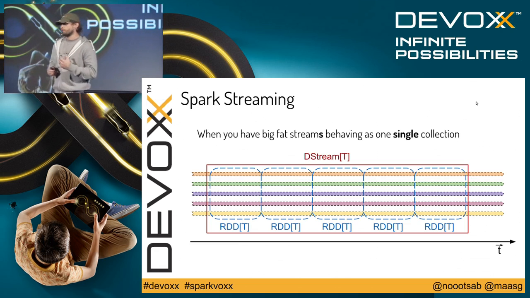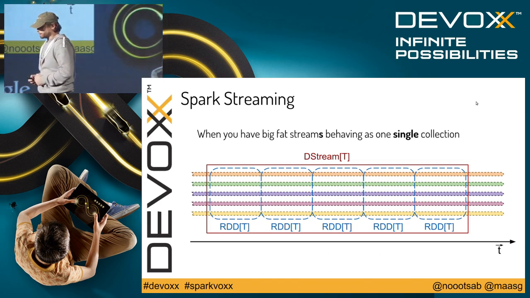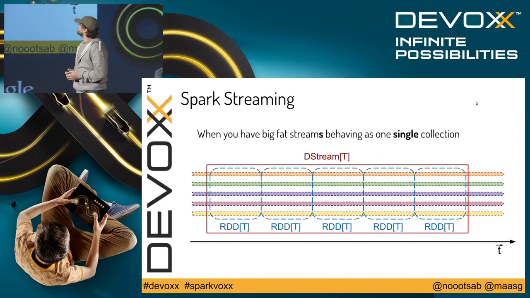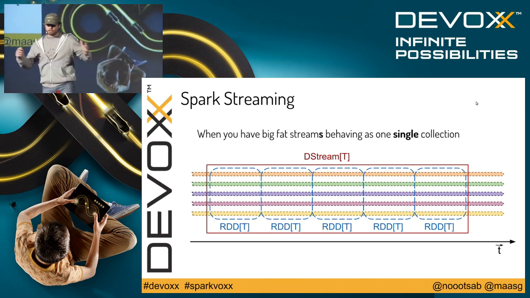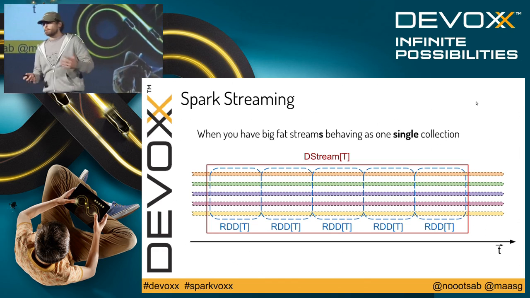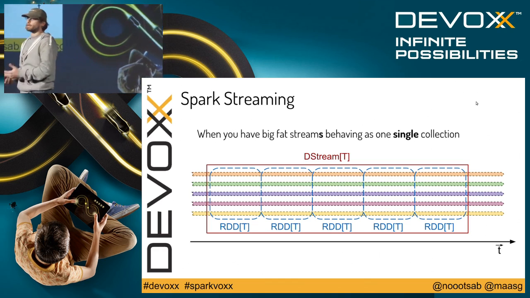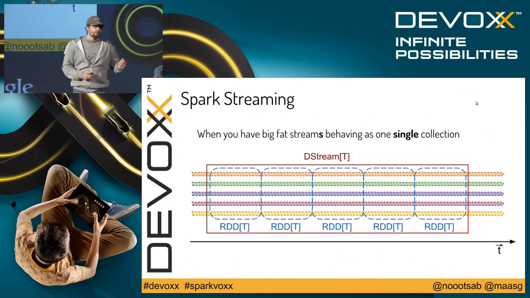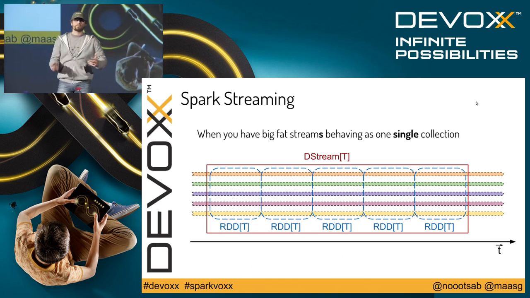The first one, I'd say the most popular one, is Spark Streaming. What does it do? We know now that an RDD is a distributed collection, right? But it's static. Okay, it's a huge amount of data, but it's static. If you enter the dynamic world like we do with Cassandra, we end up with some weird things.